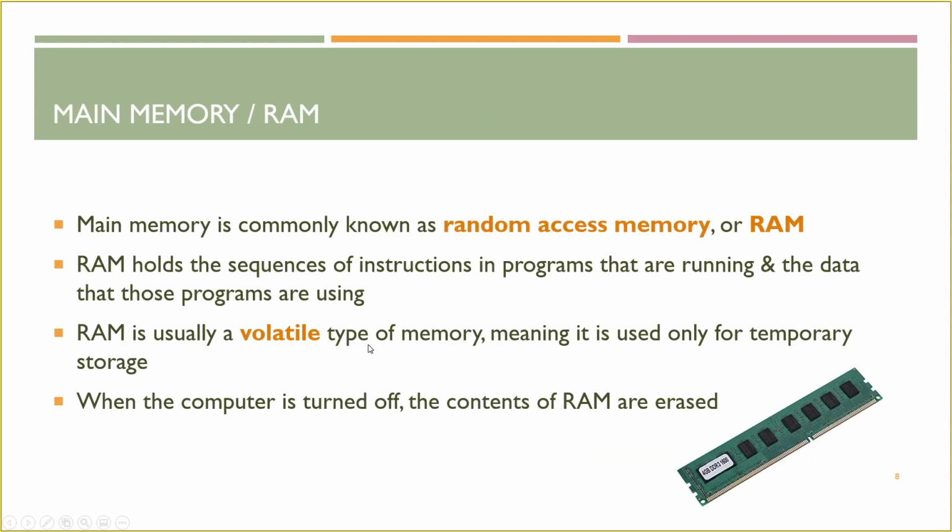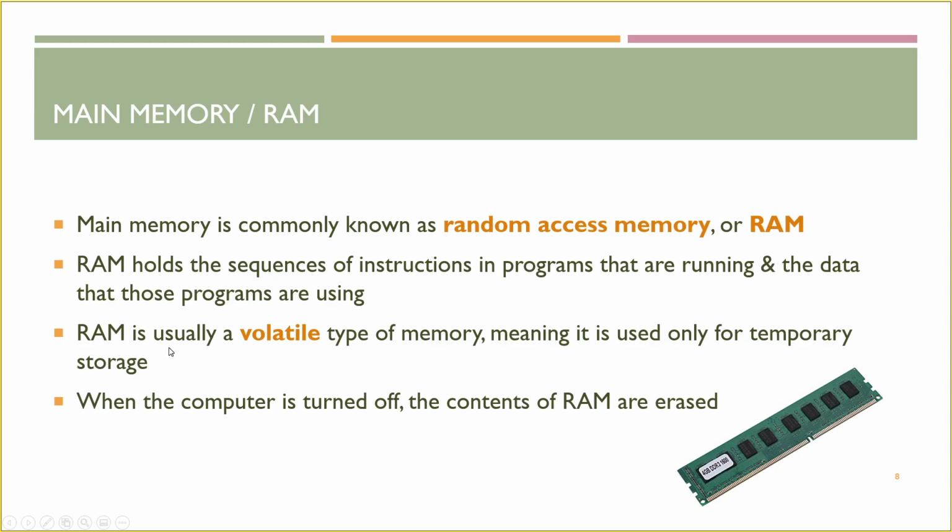That is our RAM, and it's just going to hold a sequence of instructions based on whatever program you have running at the time. PowerPoint would have its own sequence of instructions in RAM. If you play games, they would have their own sequence of instructions, and so on and so forth. So RAM doesn't store files or anything like that. It just holds instructions in programs and any data that the program would be using.